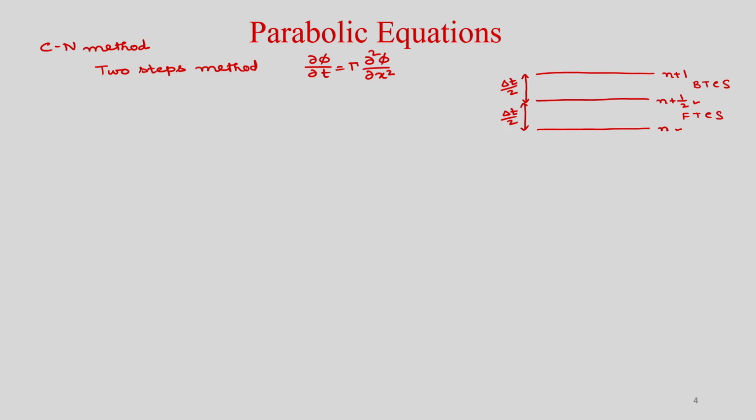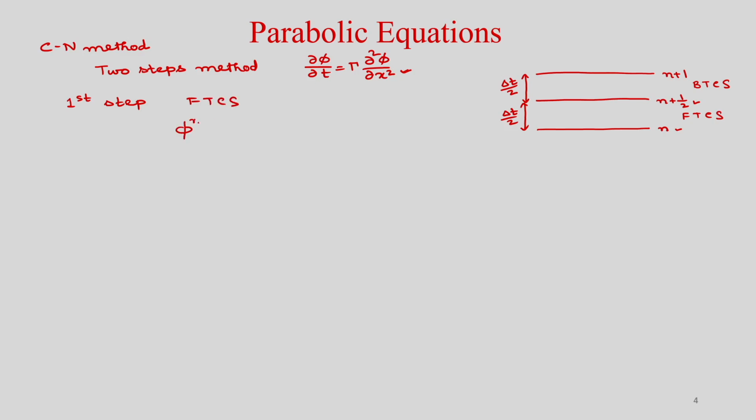So, if you use that way, then you can discretize this model parabolic equation as follows. First step, you are using the FTCS scheme. So, how can you discretize?